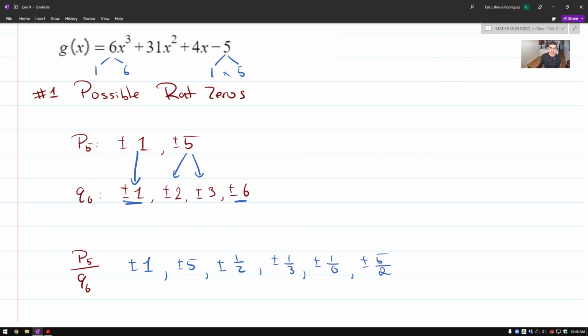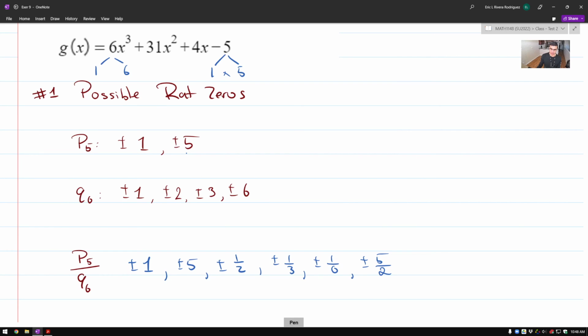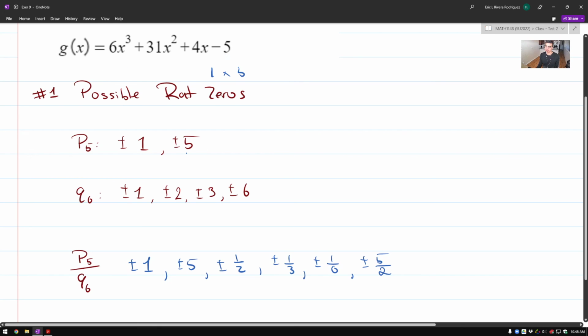That's how we get 1 in these sets. 2 and 3 are here because we can make 6 when we multiply 2 times 3. All the numbers that we multiply together to get those values are going to be part of our list.